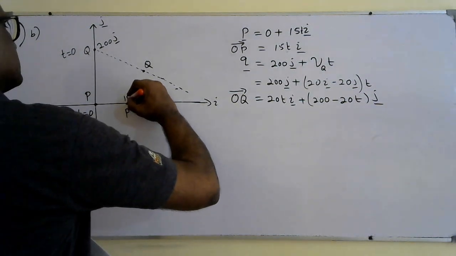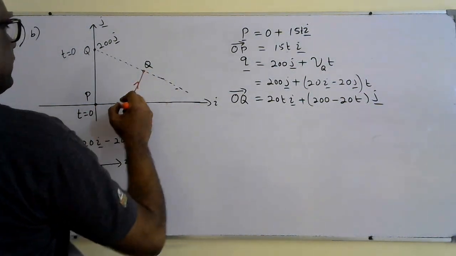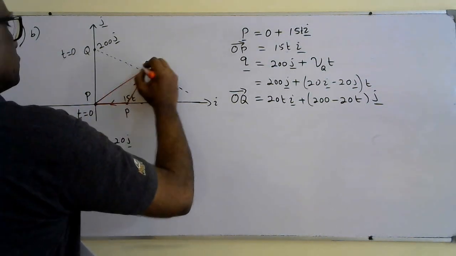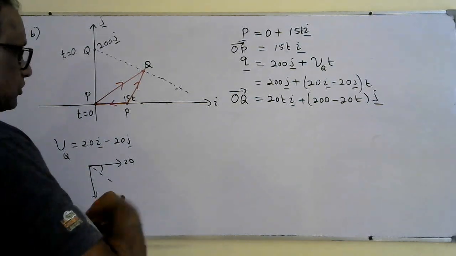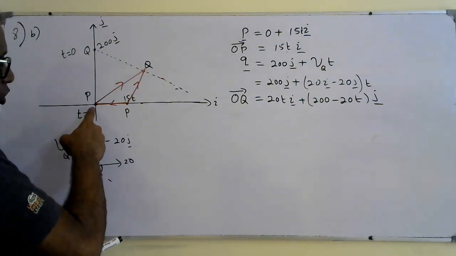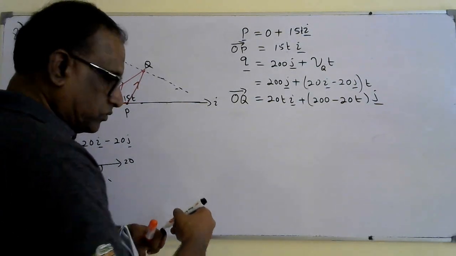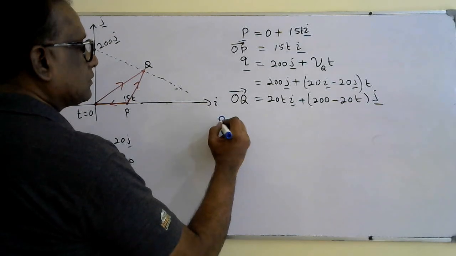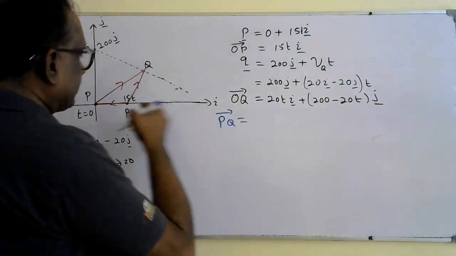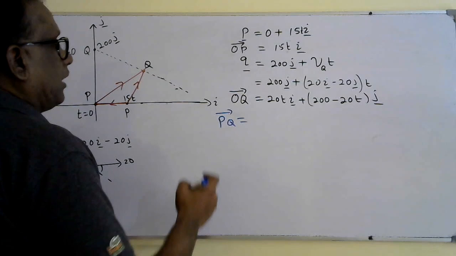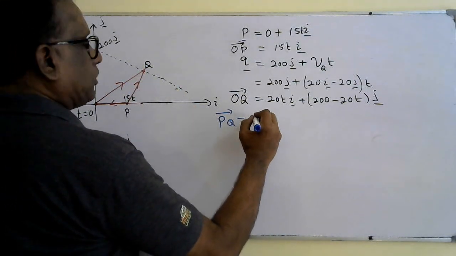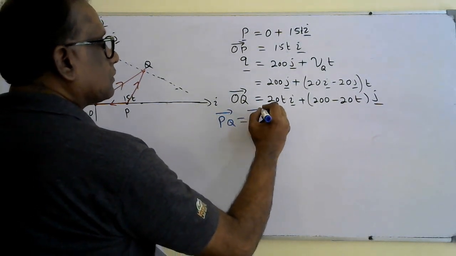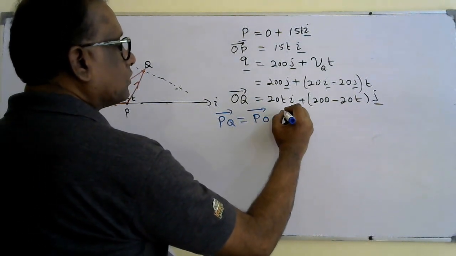This PQ means PO plus OQ, by the vector addition rule. Vector PQ is equal to vector PO plus OQ.